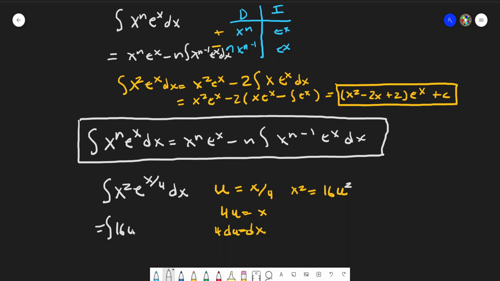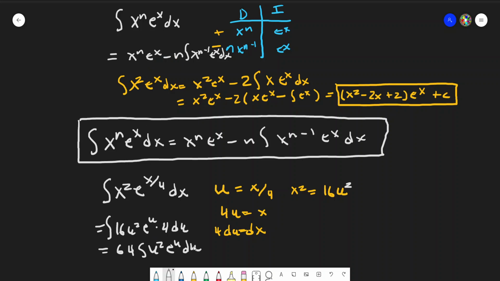So this integral now becomes the integral of 16 times u squared, multiplied by e to the u, and then multiplied by dx, which in this case is already 4 du. So we have 64 times the integral of u squared times e to the u du.